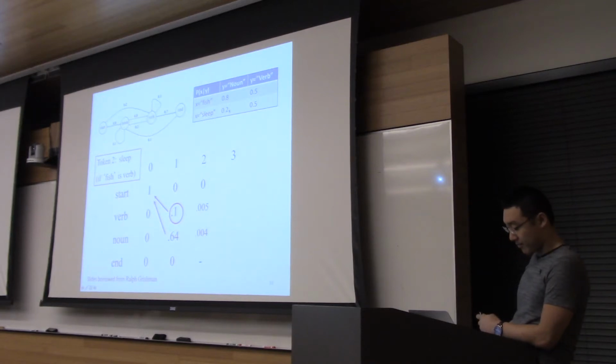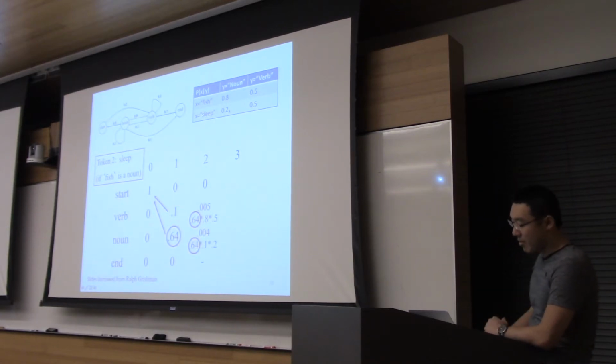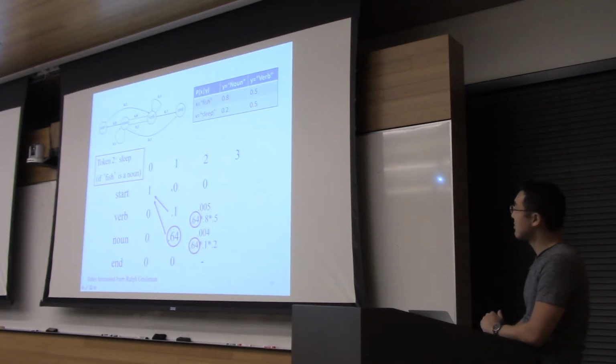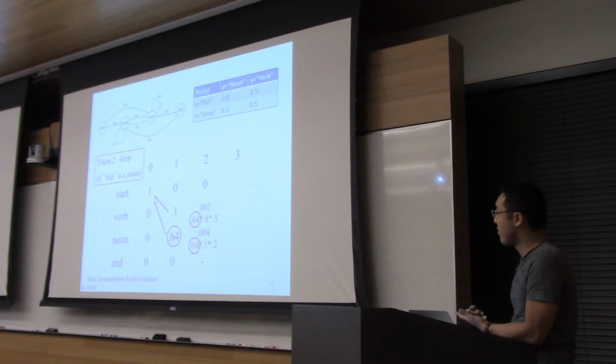And then we also consider what would happen if the best length k minus 1 prefix subsequence, here k equals 2, so k minus 1 equals 1, ends in noun rather than verb. So we take this number, 0.64, which we've already pre-computed, and we multiply the transition probabilities.